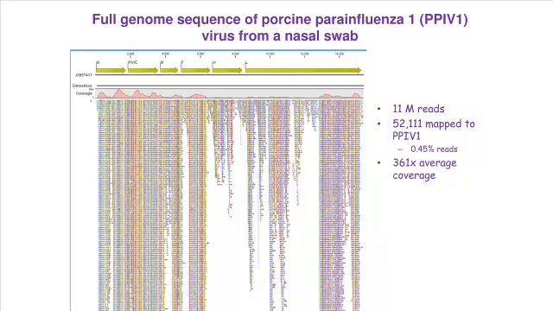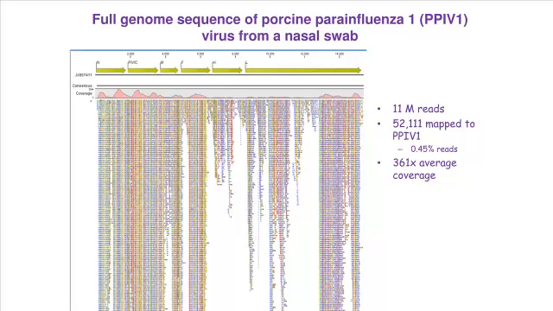What this is saying is how many reads cover each position. It's variable because we're randomly generating sequence. But the point I want to make here is, for this sample, we actually had quite a few reads: 11 million reads, and 52,000 of them mapped to parainfluenza virus. On a percentage basis, that's less than 0.5% of the reads.